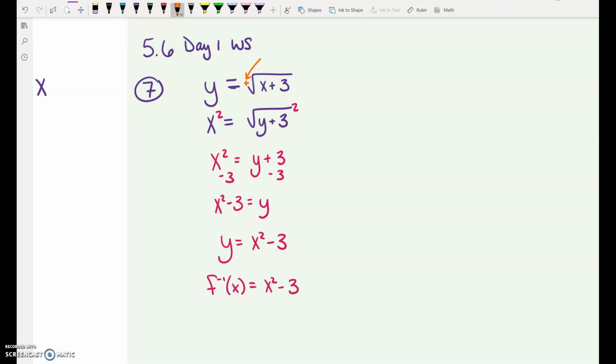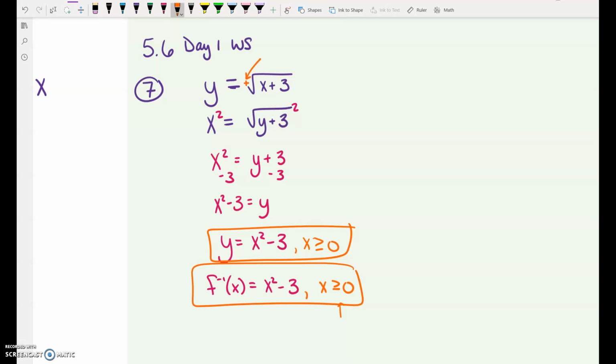So because this is positive, we need to include x is greater than or equal to 0. This little note is saying that the inverse, the original problem, will be the positive square root. So because it was the positive square root, this is the symbol, the little extra information that we would stick at the end of our answer.